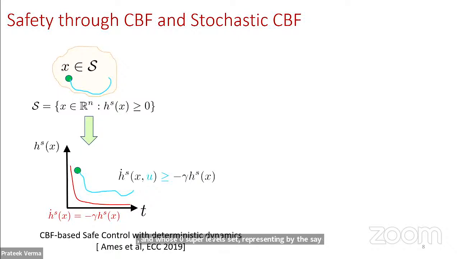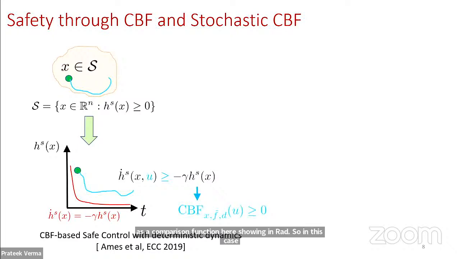What you want is to integrate the dynamics of the robot so that you can find a particular constraint over your controller so that the resulting behavior of your safe function will not decay faster than a comparison function, shown here in red. In this case, you're able to make sure the robot state h is larger than or equal to 0, implying the robot will remain safe at all times.